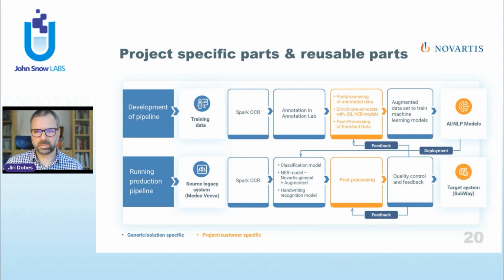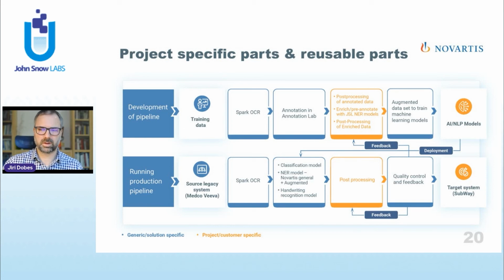Then this model is deployed to the production pipeline. In the production pipeline, basically all the documents are taken and OCR'd, then we run all the models, like the classification model, NER extraction model, and handwritten recognition model, apply the post-processing rules, and then it goes to quality control, exception handling and feedback.